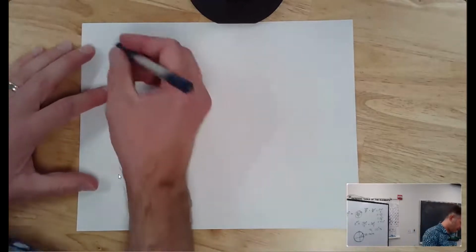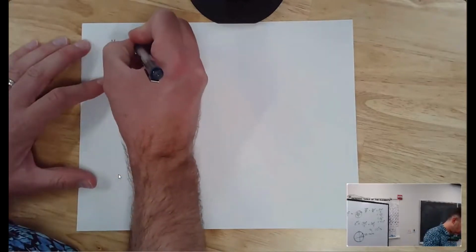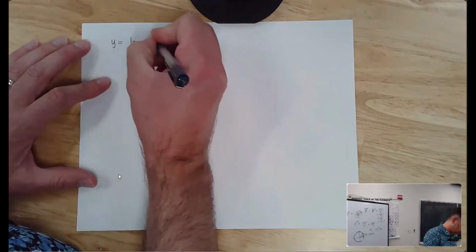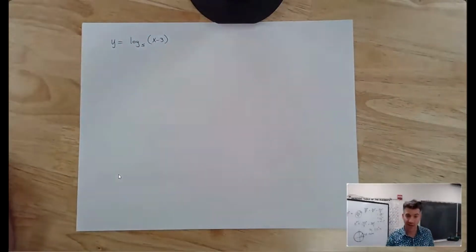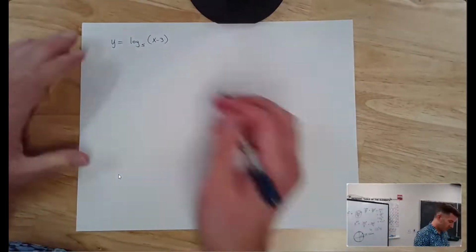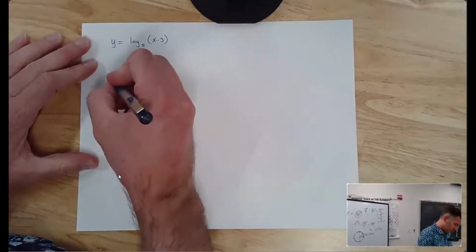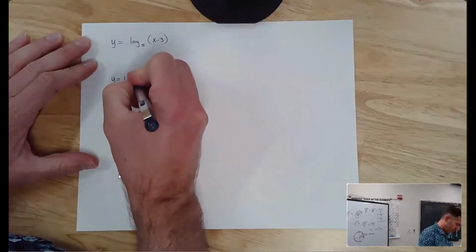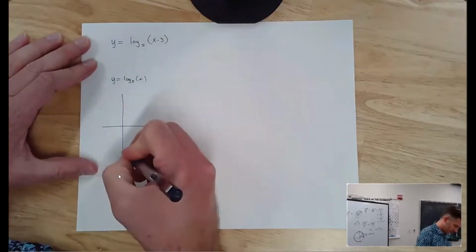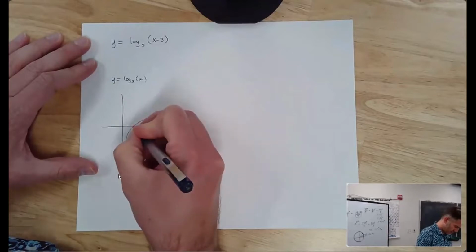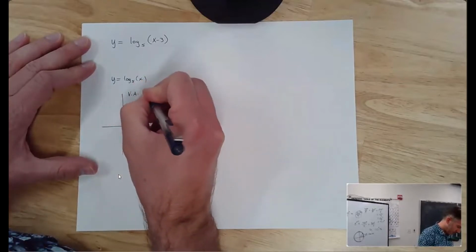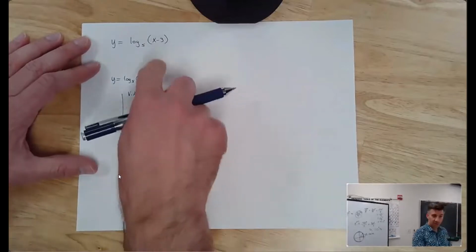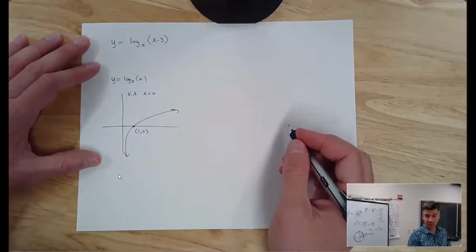Let's say I want to graph y equal to log base 5 of x minus 3. This is going to shift the entire graph 3 to the right. If we look at the original, y equals log base 5 of x, here it is, beautifully drawn, if I do say so myself, with a vertical asymptote at x equal to 0. This graph here is going to shift 3 to the right.